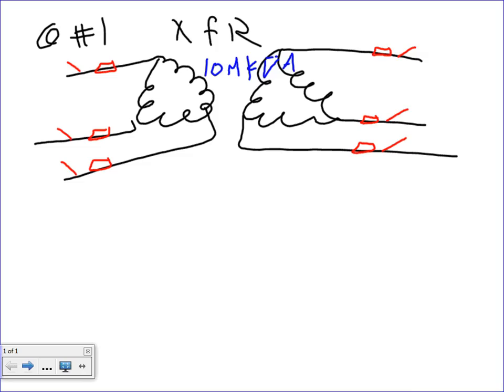The voltage on this side is 13.8 kV, and on this side 4160 volt. So it's two sides, primary and secondary, both higher voltage.